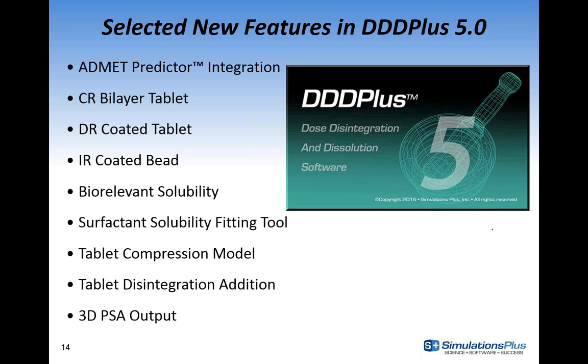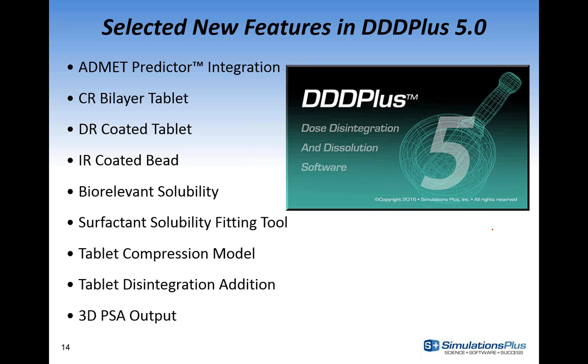So, selected new features within DDDPlus 5. I'm not going to go through the whole list right now in detail, but just point out a few main details. The ADMET Predictor integration is key in predicting the in vitro properties of your API, and also can be used to predict the properties of excipients, provided they're of low molecular weight and they're drug-like molecules.